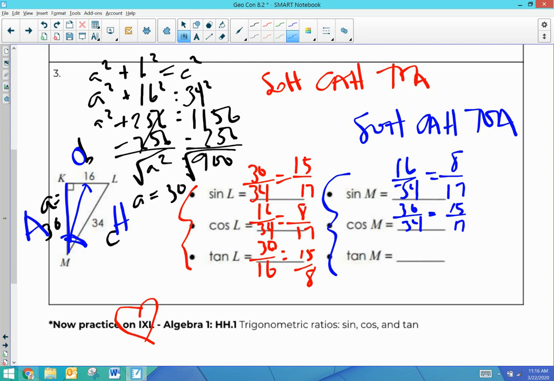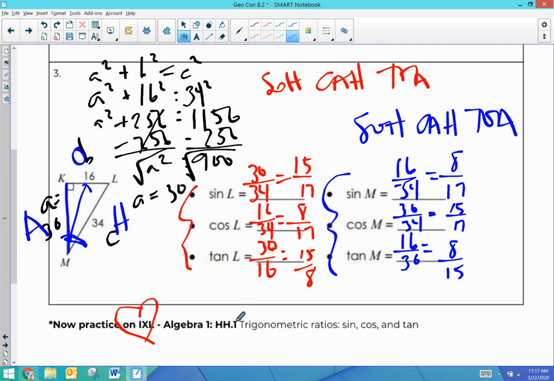And then the tangent of angle M, opposite over adjacent, 16/30. And even though we didn't reduce that, we reduced its reciprocal. That's a 30, not a 36, just for clarity. So it's 8/15.